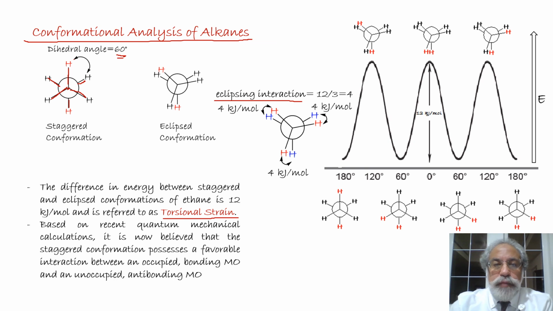Okay? So, in the staggered form, where the hydrogen dihedral angle is 60 and the 2 red hydrogens are at 180 degrees, the energy is low. When we rotate 60 degrees, now we have a conformer with high energy, the eclipsed form. Again, 60 degrees will go back to the staggered.